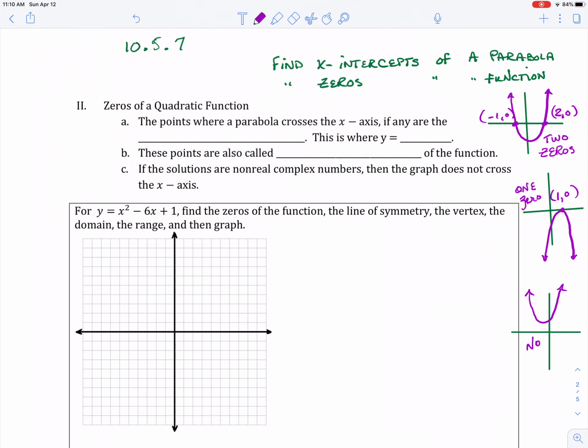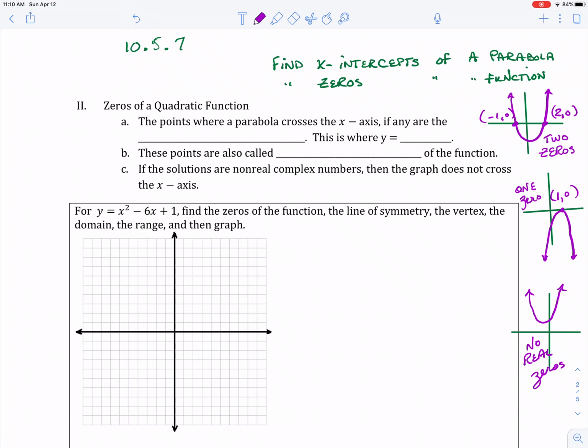So you'll get no x-intercepts. We will get solutions to the equation, to the function. They will be complex solutions, which do not graph on this grid, because this is a grid where we graph real values, not complex values.